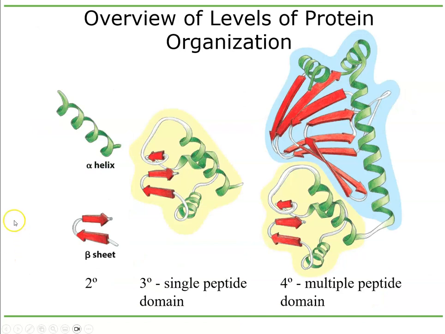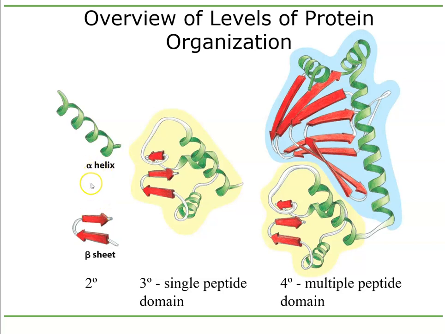So just the overview again, the primary structure is just the sequence, the order from the N terminus to the C terminus, the amino acid order and sequence. Secondary, we're talking about typically alpha helices and beta sheets, but really any interaction between the backbone, a carbonyl oxygen and the amide hydrogen, for example.